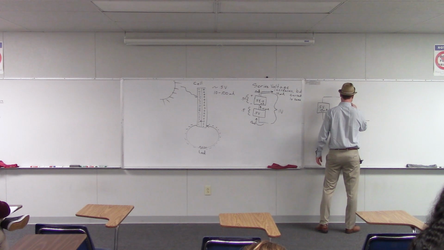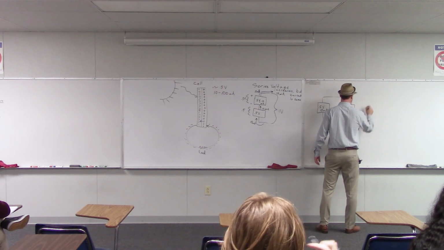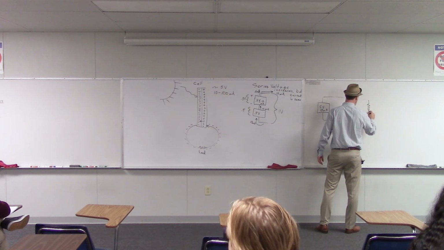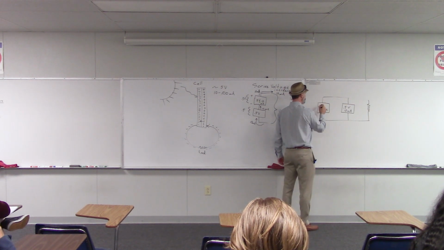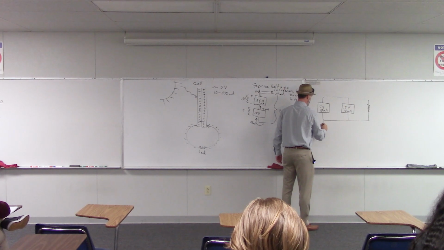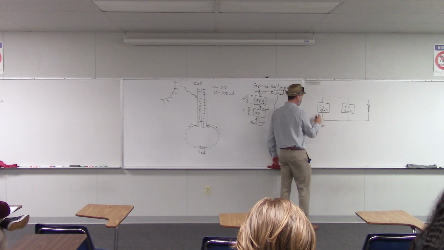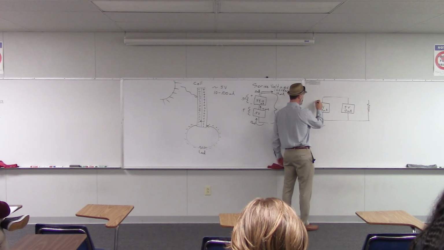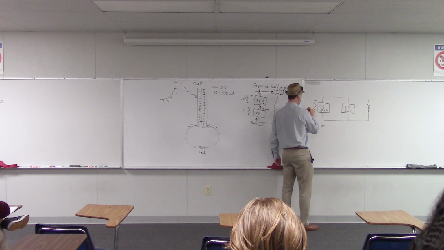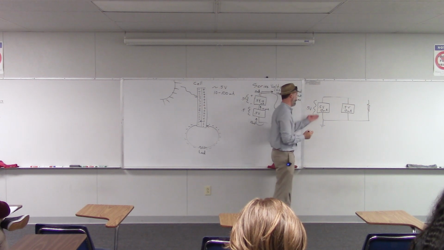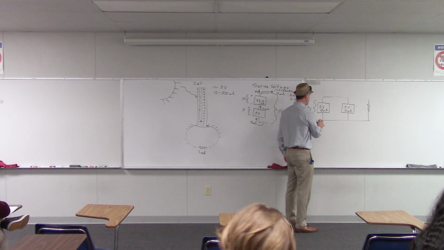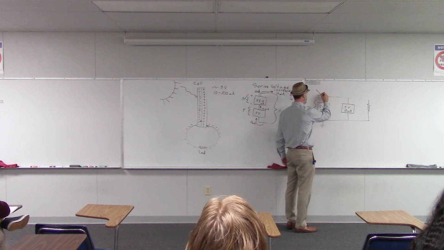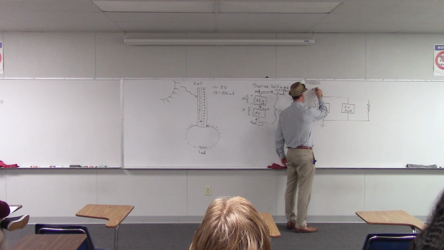And then we could have our load over here. Now, we could call this point ground, and we know that there's 0.5 volts across each one of these cells. So we got 0 volts there, and we go up by 0.5 volts, so we have 0.5 volts there.